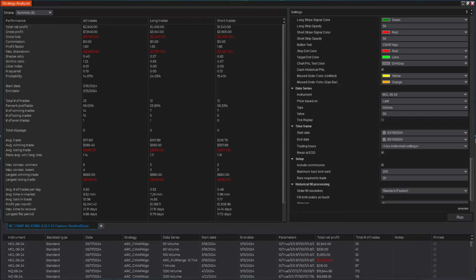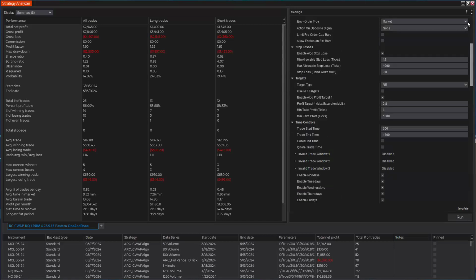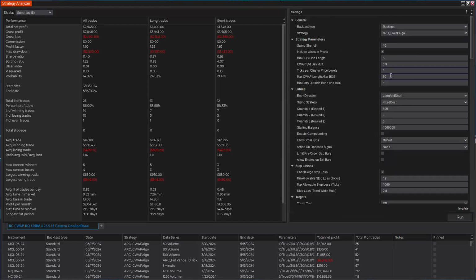Yeah, that's looking better. There's only 25 trades. Huh. That is kind of strange.